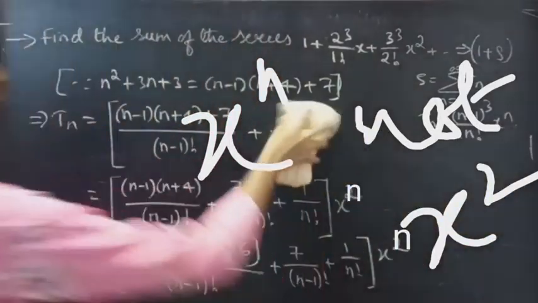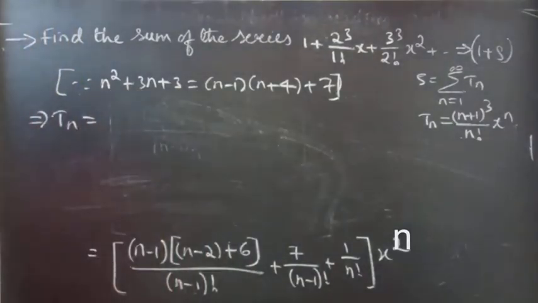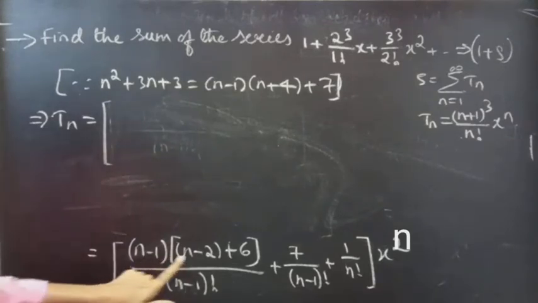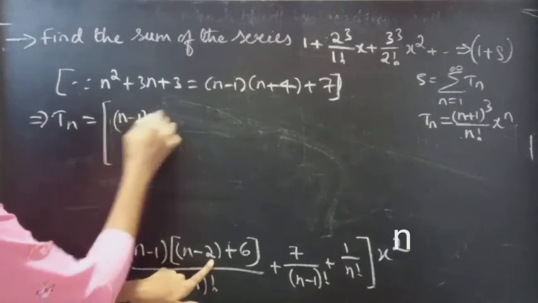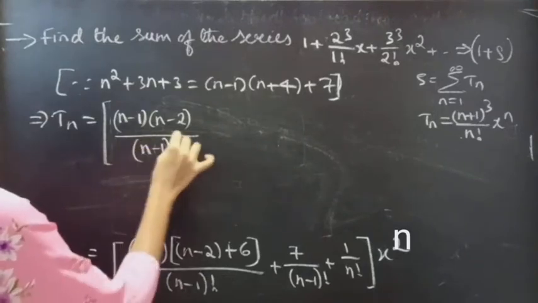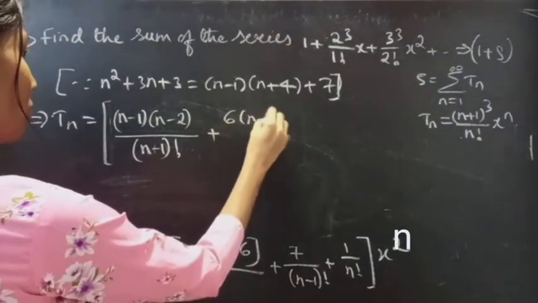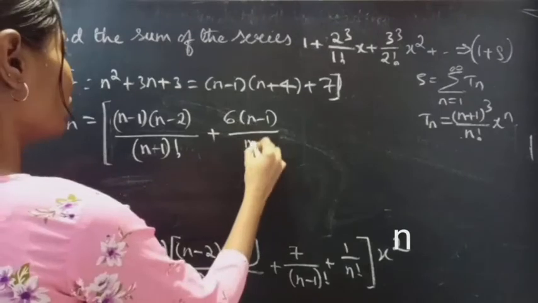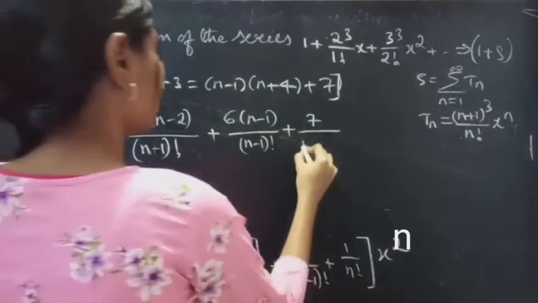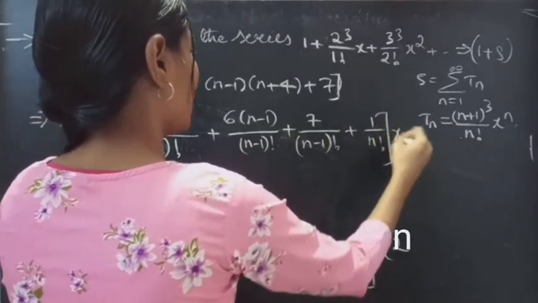Again we'll split this. So you can write this as (n minus 1) into (n minus 2) by n minus 1 factorial, plus 6 into (n minus 1) by n minus 1 factorial, plus 7 by n minus 1 factorial, plus 1 by n factorial into x power n.